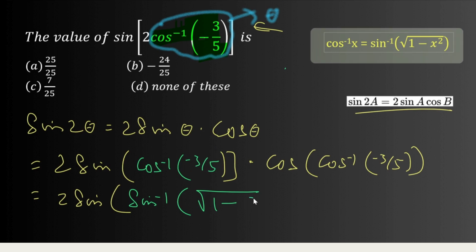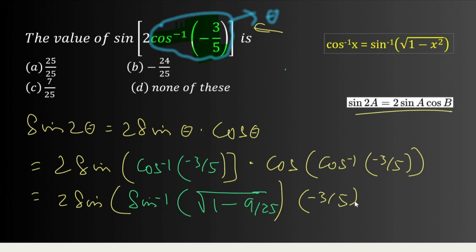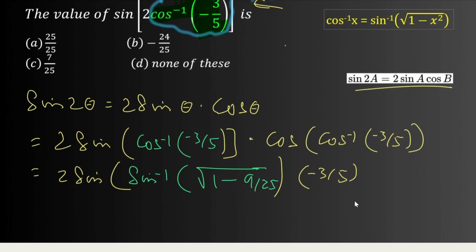That is positive 9 over 25. Now in the other part, what is cos into cos inverse? This x is x only, so we'll be writing this as minus 3 over 5.